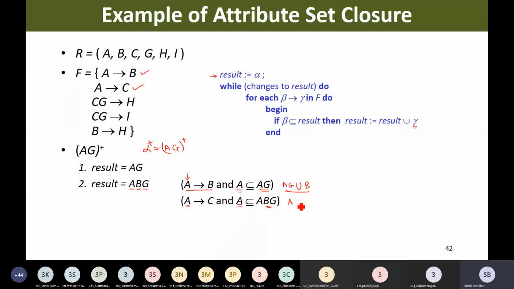So I will take the union of the old result with the right hand side of my functional dependency. ABG union C. So my new result would be ABCG. Correct? Are you getting me?